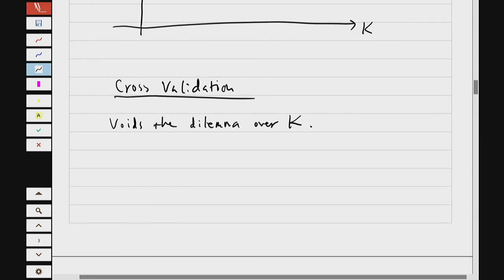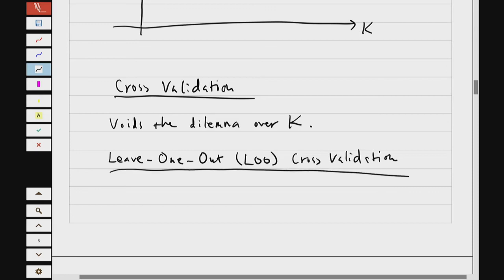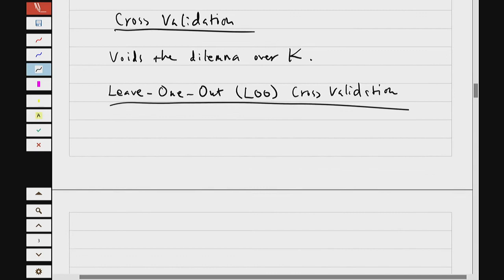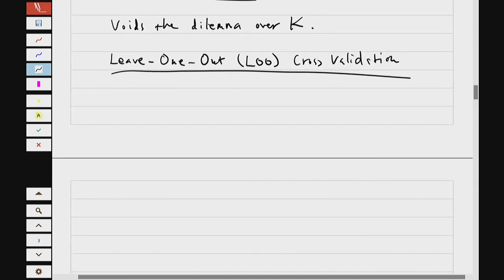Let's first talk about the leave one out cross-validation. Just from the name, leave one out, this is one data point that you leave out.